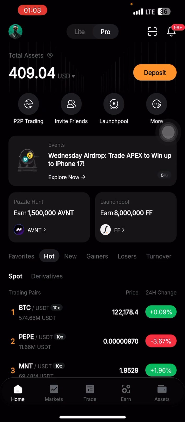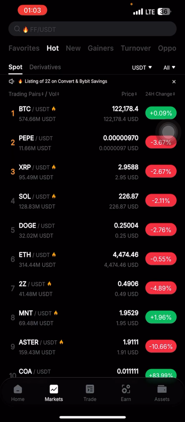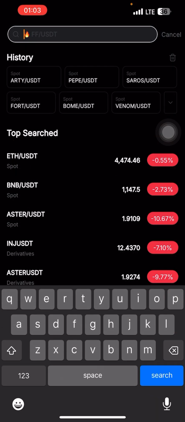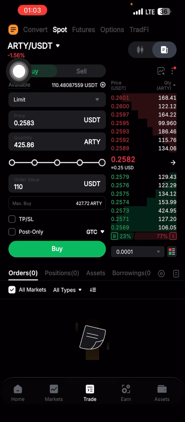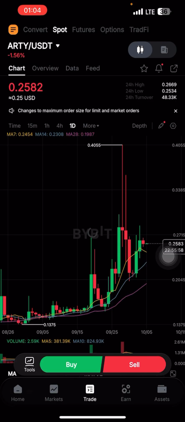Then you trade. I'll come to markets here, and I'll search for ARTY. This is the coin I will be trading, the ARTY coin. I'll come to the chart here.